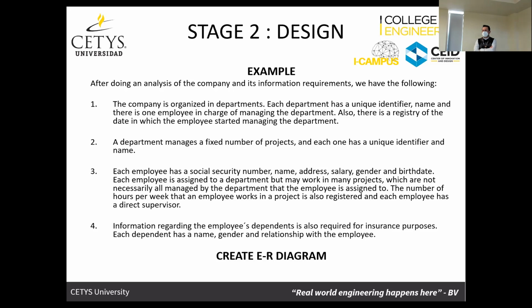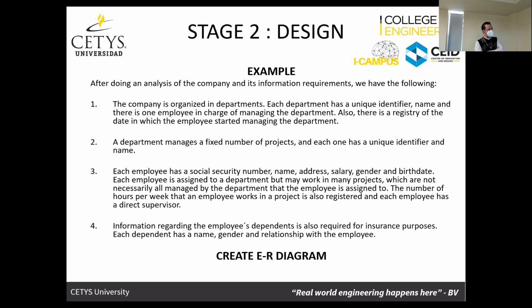And since Jesus is an expert in lean manufacturing, he's asked Jesus to work on the project. So even if Jesus isn't a part of Leo's department, he can work on a project from that department. The number of hours per week that an employee works on a project is also registered. And each employee has a direct supervisor.